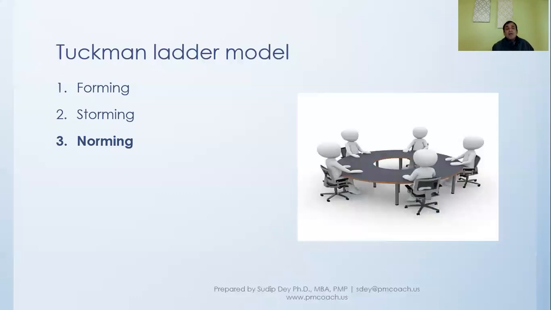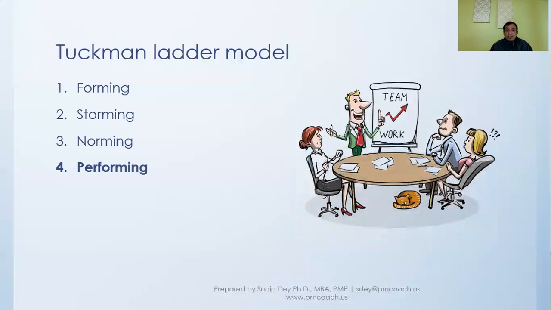Then many of the teams will move to the performing phase. In the performing phase, the team is at its peak. They work as one, they are helping each other, they understand each other, they collaborate well, and so they are performing at a very high level because there is a huge synergy within the team.